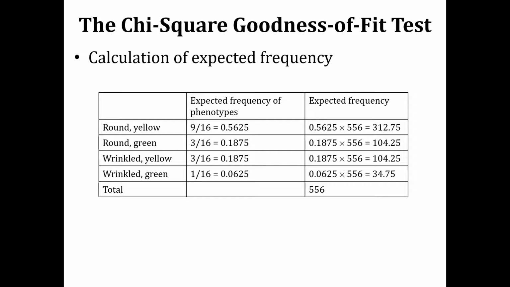And for wrinkled green, we have 34.75, and their total is 556. So this is how we calculate the expected frequency. We are not considering them to be homogeneous, we are considering them to be following a predetermined ratio.